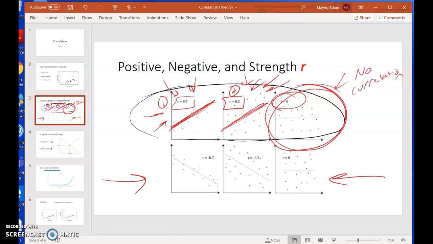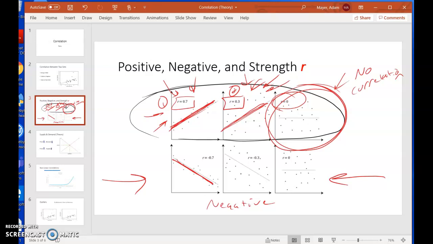There are 3 of them, and you can see how they're trending downward, right? When they trend downward, that means they have a negative correlation. Of course, the first one has an R value not of 0.7, but of negative 0.7 because it's trending downward. If it were a perfect negative linear correlation, that R correlation coefficient would be equal to -1.